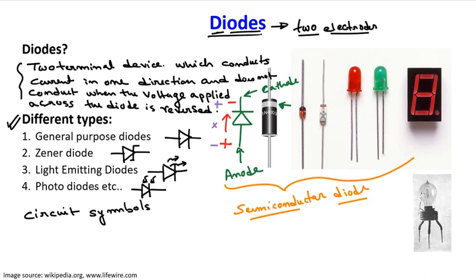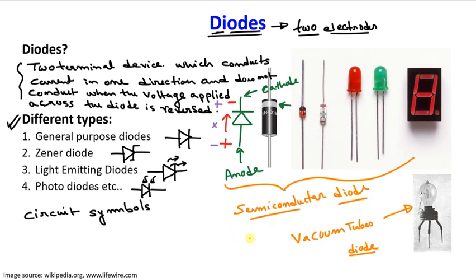However, before the invention of the semiconductor, people used vacuum tubes for different electronic purposes. This is one example of a vacuum tube diode. From the name itself, you should understand that this is a vacuum tube. That means the conduction of electrons will happen through vacuum.